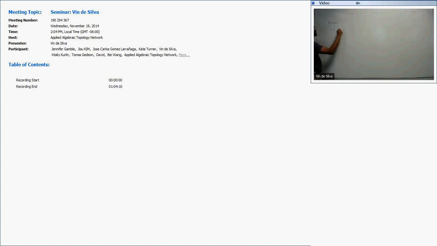Take subsets of a metric space X, with a family indexed by epsilon, that takes a subset and replaces it with a thickening.